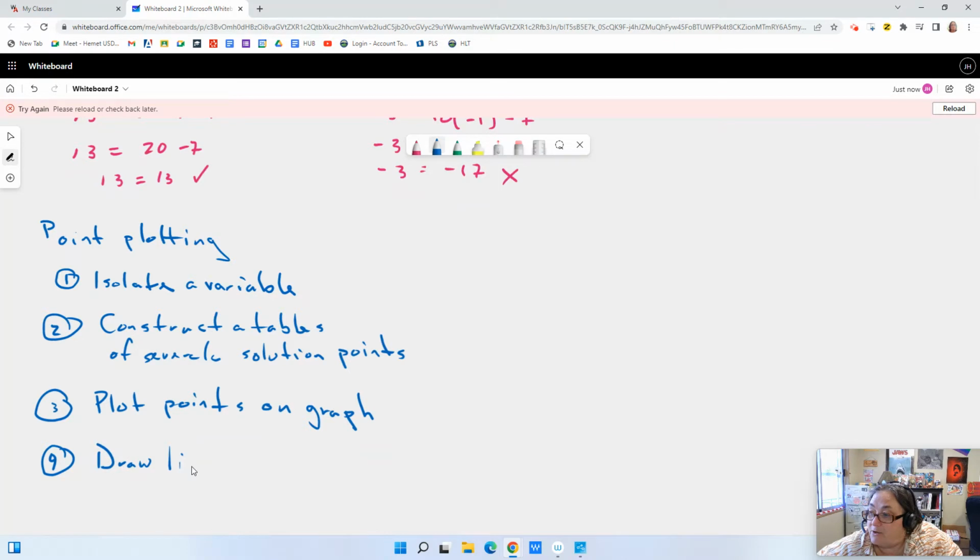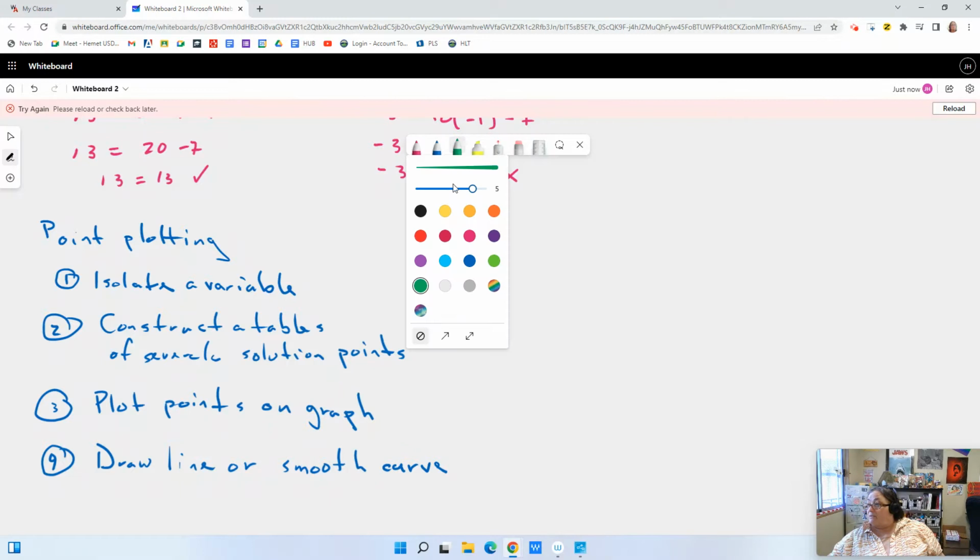Draw a line, or they like to say smooth curve. That's how they say it in the book. So I'm going to say smooth curve, to connect all the dots. What does that look like in real life? Well, I'll tell you what it looks like.